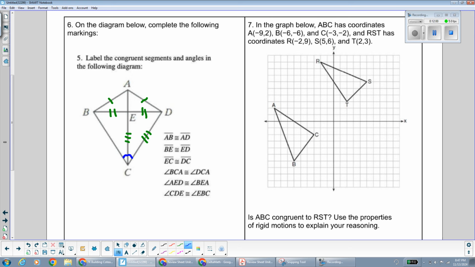Angle AED is congruent to angle BEA. I'll just put 2 markings to make them different from these ones. And angle CDE, I'll just use a different color, it's getting messy, is congruent to angle EBC.